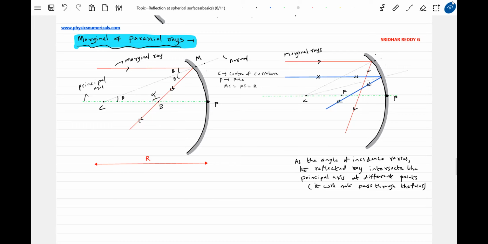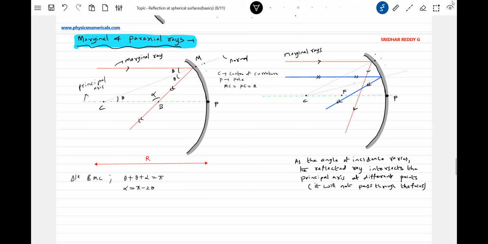The sum of the angles in the triangle BMC, theta plus alpha, the sum of all the angles should be equal to 180 degrees. Therefore, alpha is equal to pi minus 2 theta.